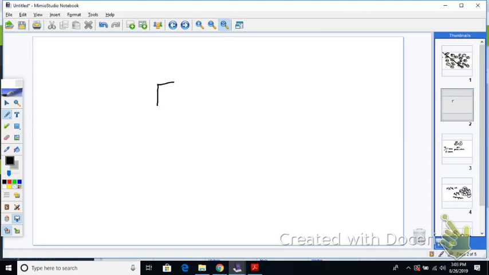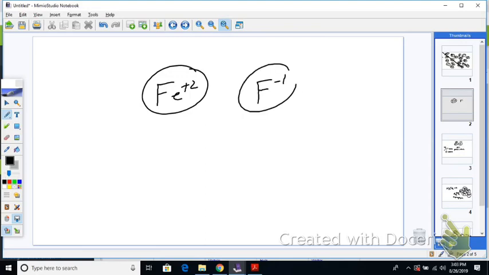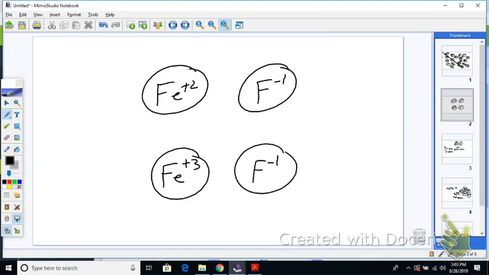So we're going to take the iron plus 2, and then the fluorine minus 1, and then we've got this one that we're going to say is a plus 3, and this one is a minus 1. So what's the difference between the plus 2 and plus 3? What's the difference between those two? Charge. Yep. So what did the iron plus 2 do to get its charge?